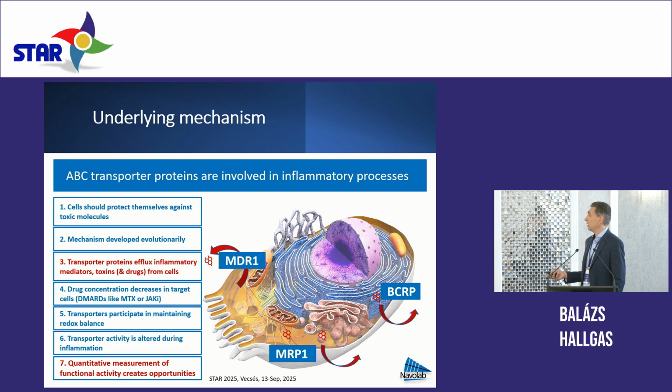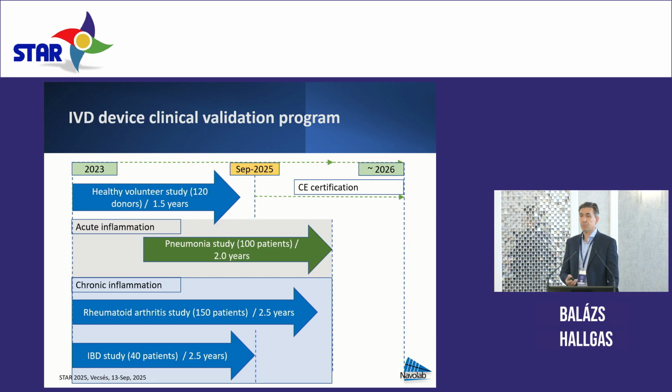But in this way, our study is part of a broader development program where we would like to develop a completely new diagnostic device for measuring the multidrug activity numerically. So we quantify the functional activity of these transporters, and we hope to place on the market a new device in the coming years in both chronic diseases and also acute inflammatory diseases.